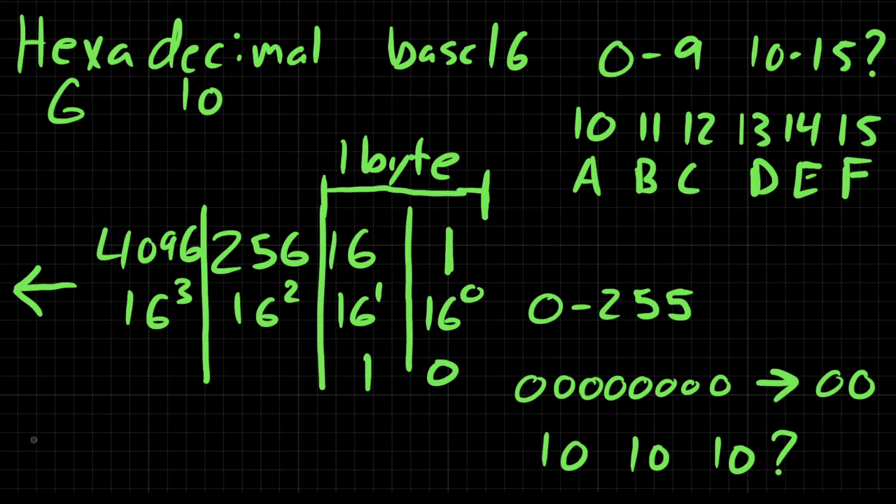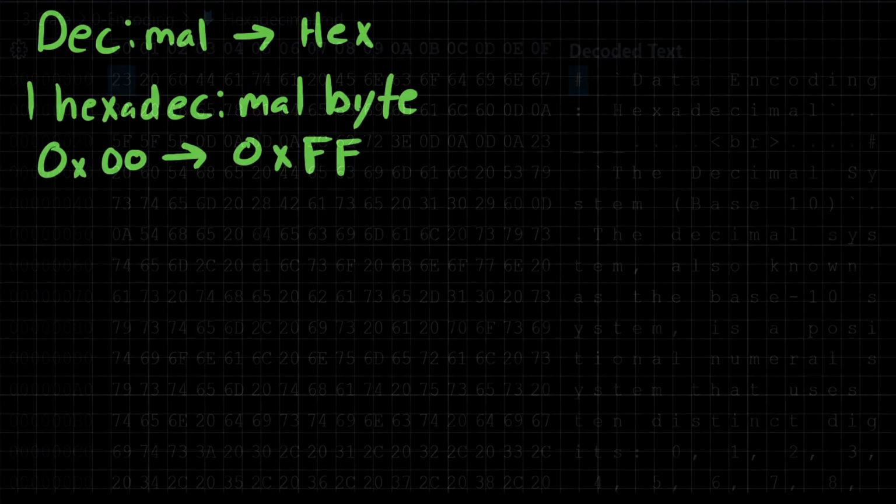In hexadecimal, we will use 0x, or you might see a hashtag, or you might see 0h. These are all different symbols that you may see. So in order to indicate a hexadecimal number, I am going to write 0x and then the number that we are using there. Just like that.